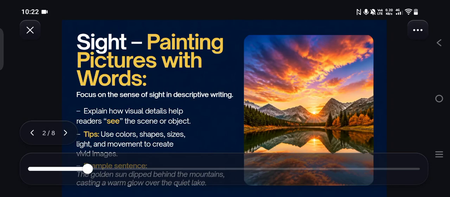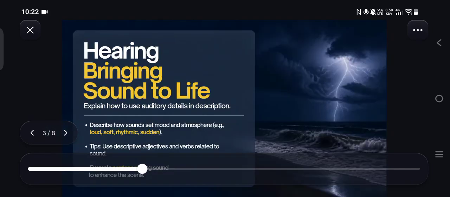In this image you can see colors, monuments, water, shapes, styles, trees, and you can mention that. The second one is hearing, which is for our ears. What can you hear? If you're moving across a bridge and you see that scenery, what kind of sound can you hear, like chirping of birds or barking of dogs, whatever you are seeing.